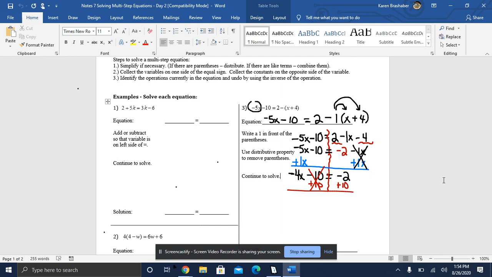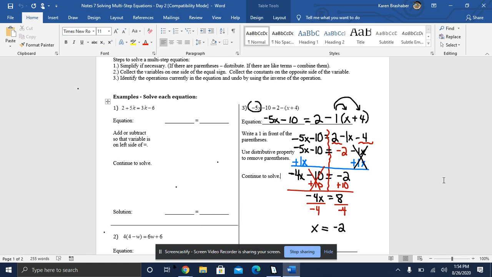Now I have negative 4x, my equal sign, and then 10 and negative 2 will combine, and that will give me 8. And then finally, I'm ready to undo or do the inverse of multiplication by doing division. And so dividing both sides by negative 4, I get my final answer of x equals negative 2.